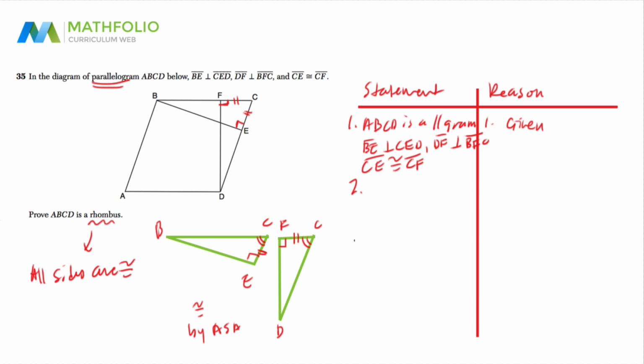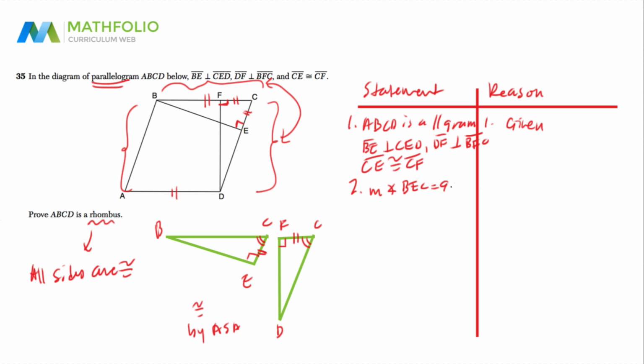Alright, so we listed number one. Now number two, so at this point we can put that the measure of angle BEC equals 90 degrees. We can also put the measure of angle DFC equals 90 degrees. And the reason for this would be definition of perpendicular, and they tell us perpendicular in one of the givens.